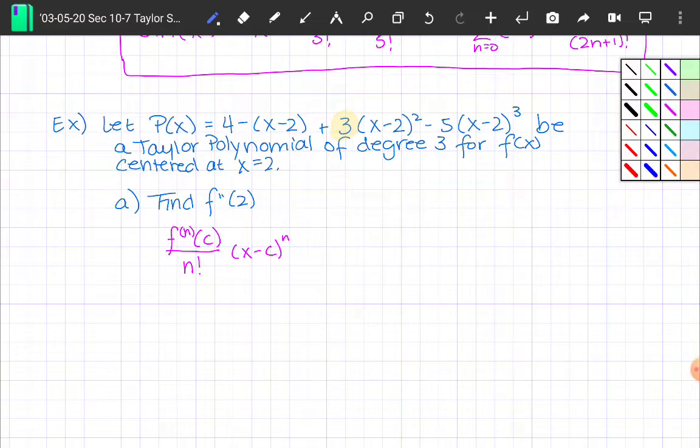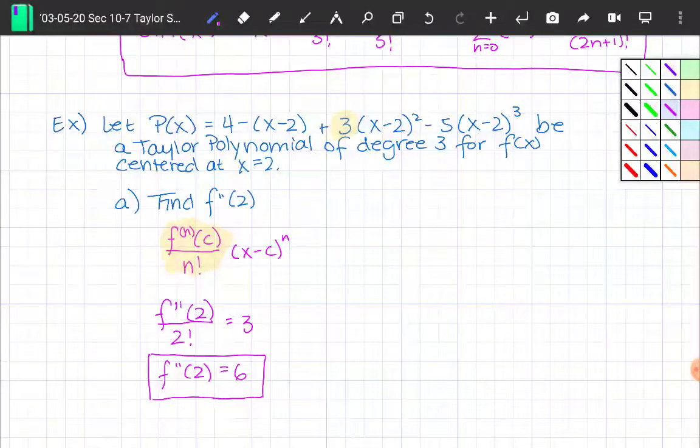This is the coefficient in front of the (x minus c) to the nth power. So we're dealing with the second derivative evaluated at 2 over 2 factorial, in this case, is equal to 3. Just multiply both sides by 2, and we get the second derivative evaluated at 2 is 6. So that's nothing special.